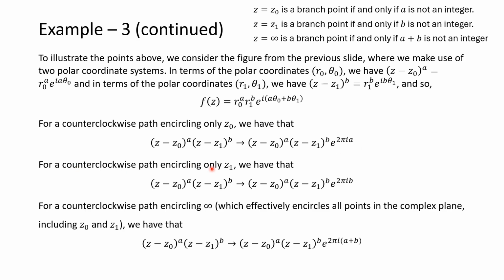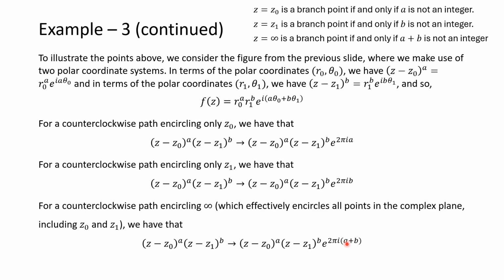And similarly for z₁, if we encircle that and not include z₀, and b is not an integer, we come back to a different value. So z₁ is also a branch point. To analyze the point at infinity, when we encircle the point at infinity, we in fact encircle both z₀ and z₁, encircle the whole plane really, and so the function gets mapped to what's shown here.